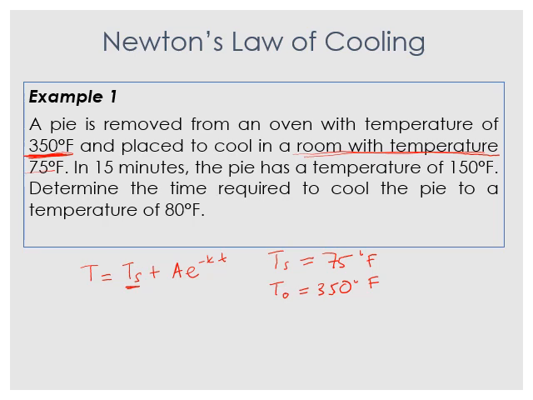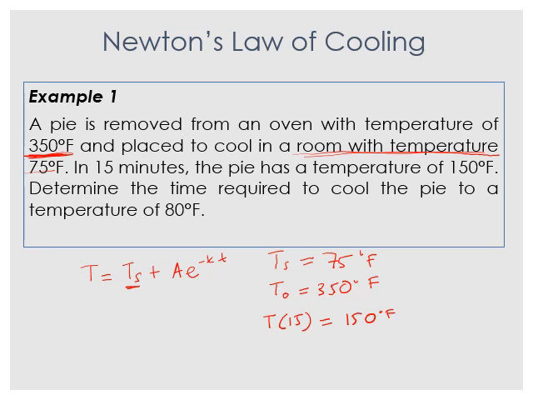What else do we have? In 15 minutes, the pie has a temperature of 150 degrees. So the temperature when the time is 15 minutes is equal to 150. These are the information that we have. So what is the question?